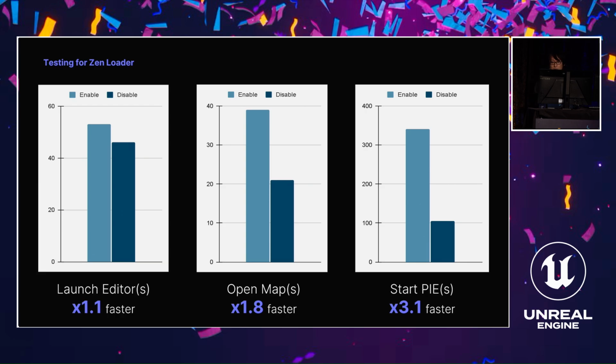The middle graph shows open map improved by about 1.8 times. We saw an impact of more than 3 times on processing when starting PIE. Thus, now that asynchronous processing is working, we expect to see a significant improvement in the editor's loading time.